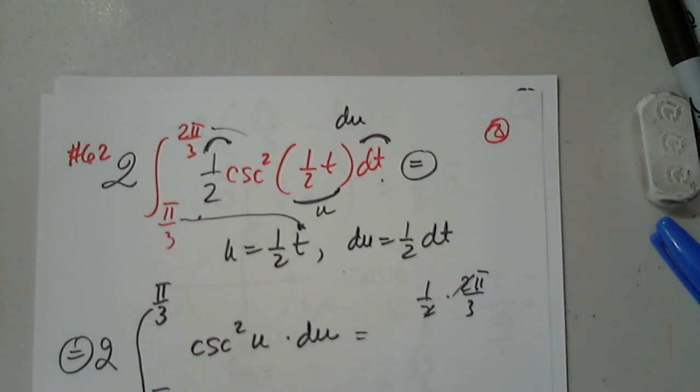So from pi over 3 to 2 pi over 3. Okay, so I have to trick it into allowing me to put both. Okay, now it's not going to allow me to put anything in, right? Is that true?